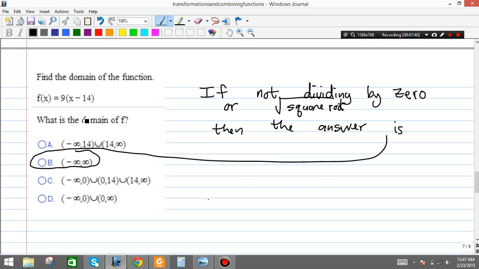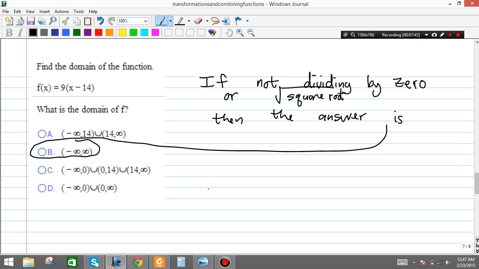Here I'm not dividing by anything, I'm not taking a square root. That is the answer.